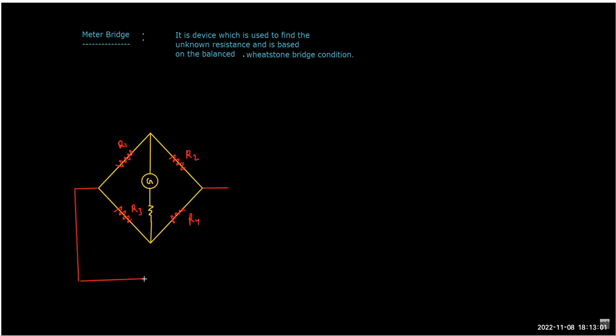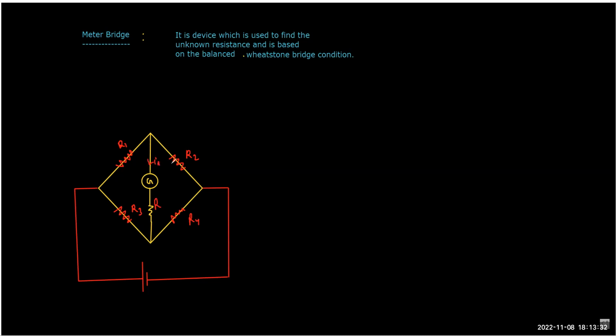So such arrangement is called Wheatstone bridge. And a balanced condition refers to the null current or null deflection through galvanometer. So when you don't see any deflection through galvanometer, you tend to say balanced condition.